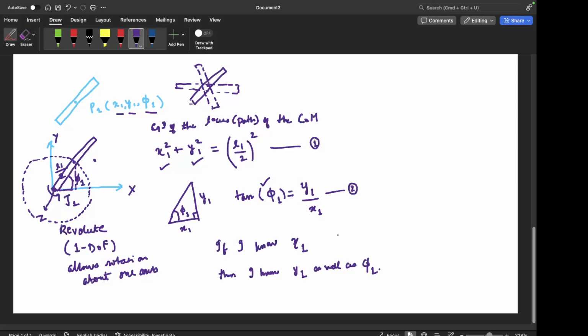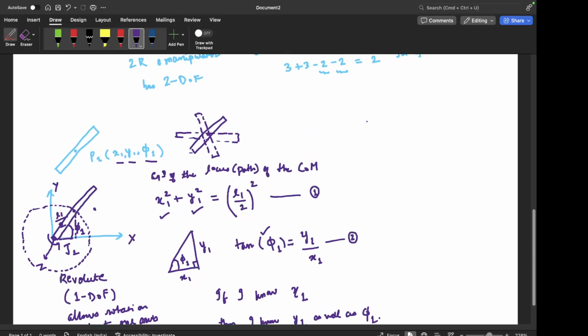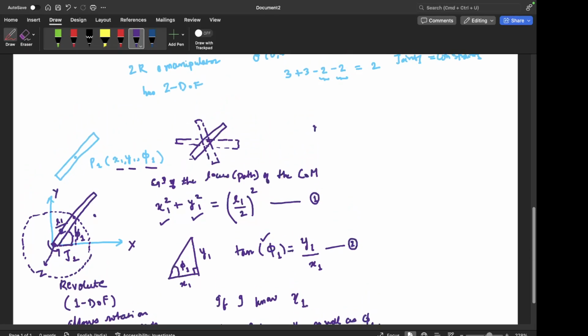So the key thing is the number of independent variables. First case, without a revolute joint, those were three.